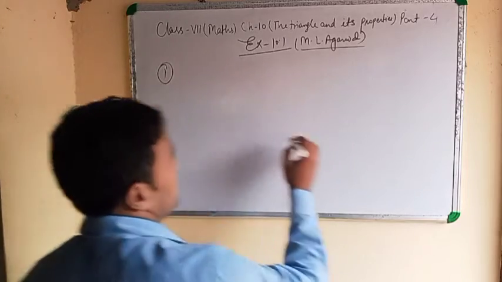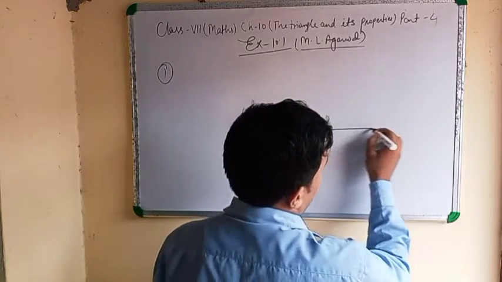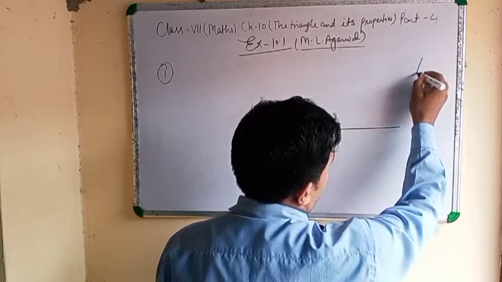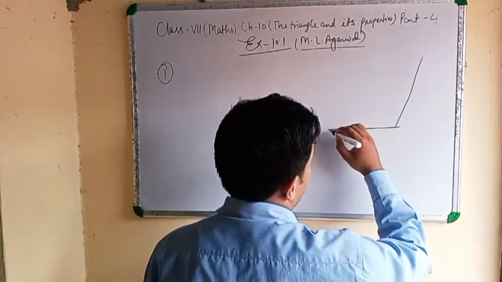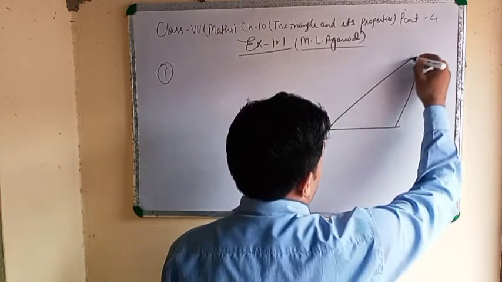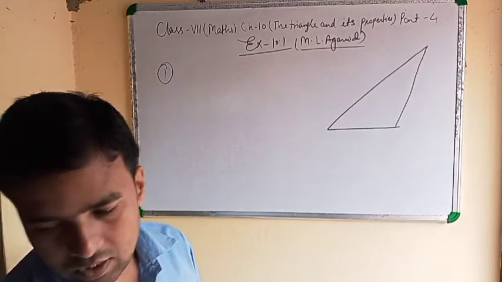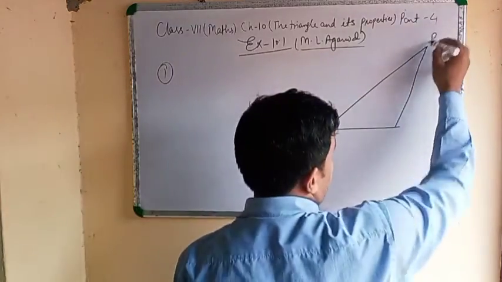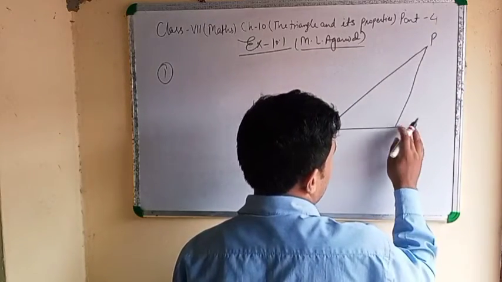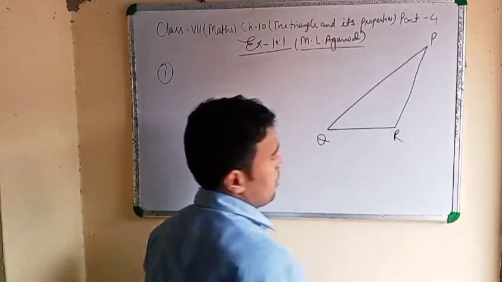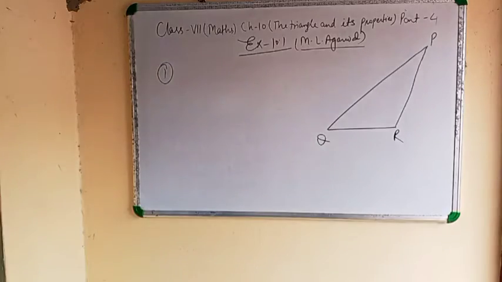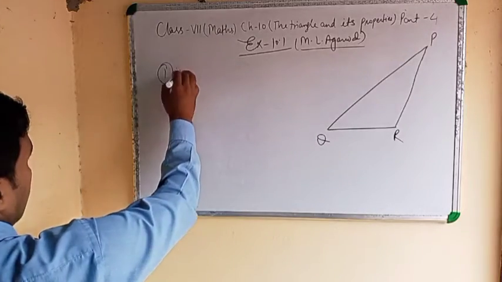First question, triangle PQR, clear. Here 4 parts are given.